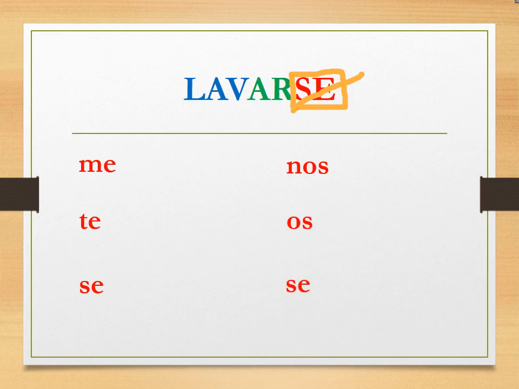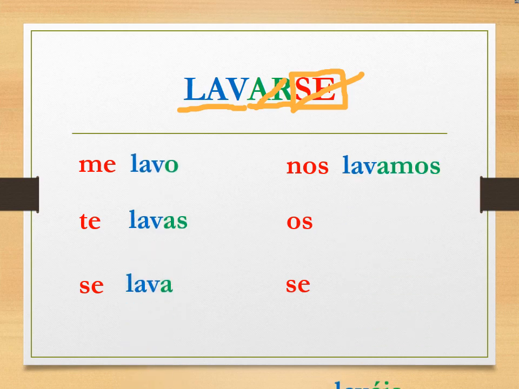Step 2, this is an AR verb. Lavar is an AR verb, so here's my stem, and I'm going to add my AR endings. So you should have lavo, lavas, lava, lavamos, laváis, lavan. All right, so the se changes, and then you have to conjugate the verb like normal.